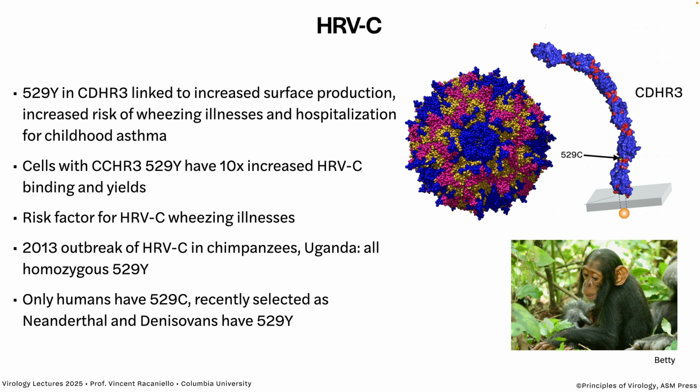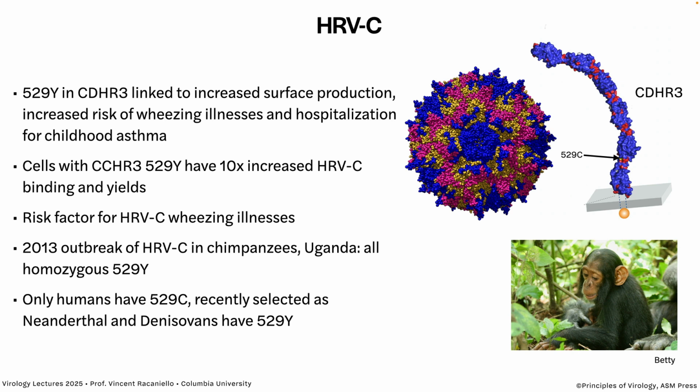In fact, cells that have 529Y have 10-fold higher levels of receptor, and they make more virus, and that's the risk factor for wheezing and asthma in kids. It's directly linked to virus infection. It doesn't have anything to do with the receptor on its own. Okay, so 529Y is a risk factor for more severe rhino C.